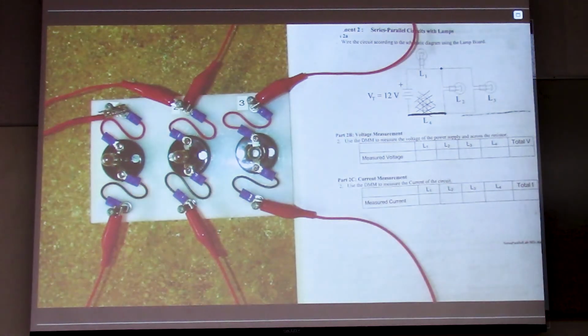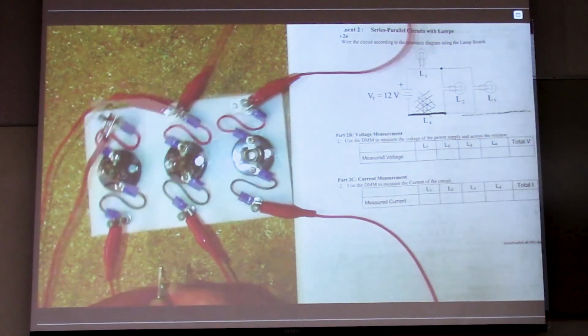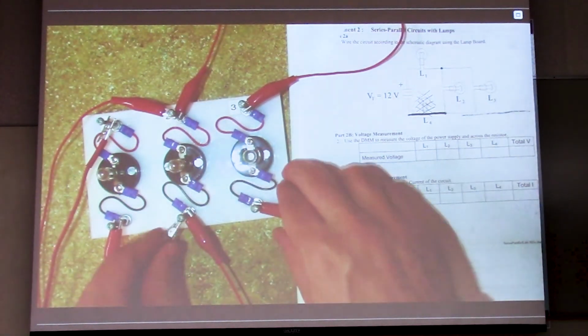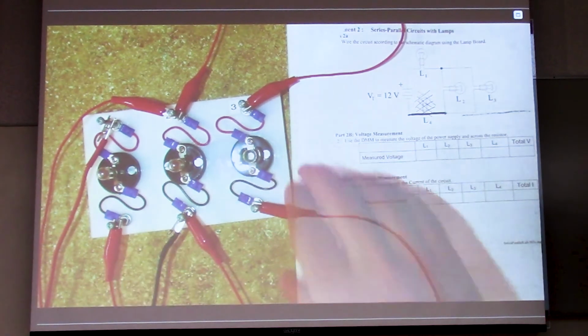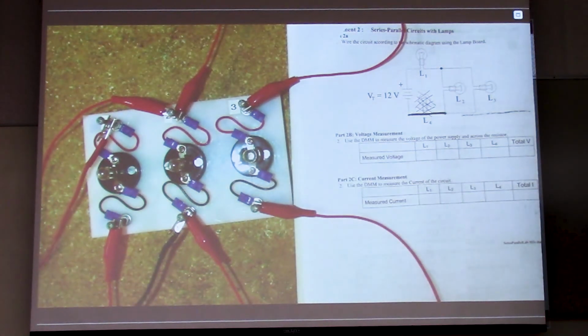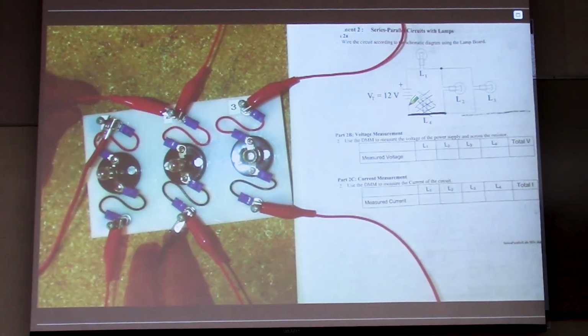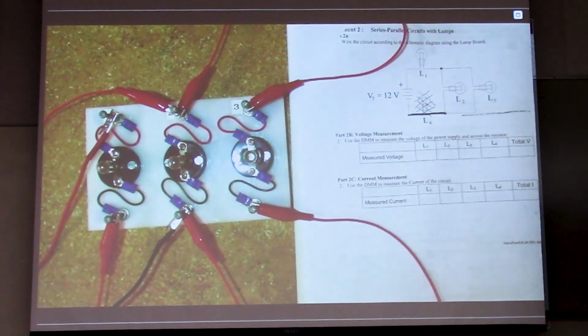And then finally, the bottom of L2 is also connected back to the power supply. So I'll take the other lead, the black lead from my power supply, and connect that to the bottom of L2. Okay. So once we've done that, we've gone around the whole circuit. Any questions about that?